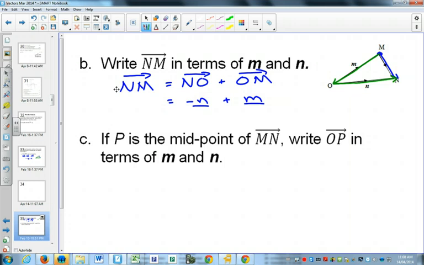Question? Yeah? Got it? Why would it be NO? Because if I started at N and went to O, that's the same length, same magnitude, but now the opposite direction, right? So anytime you're going the opposite direction, you're going negative.